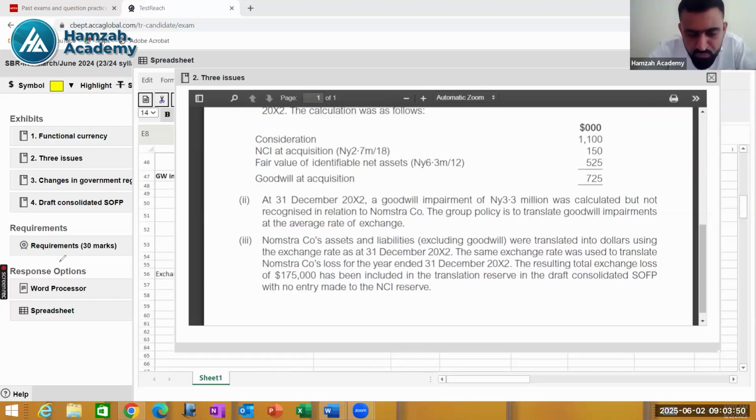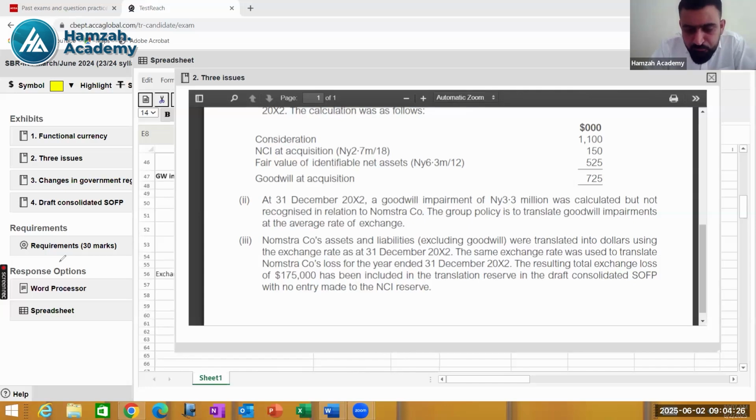And that exchange rate movement we report in other comprehensive income or in the translation reserve in the statement of changes in equity. Now the mistake which they have made here: they translated the closing net assets using the closing rate, opening net assets using the opening rate, but they translated the loss for the year using the closing rate, and as a result, they have recorded an exchange loss of 175, which is presented in the translation reserve.